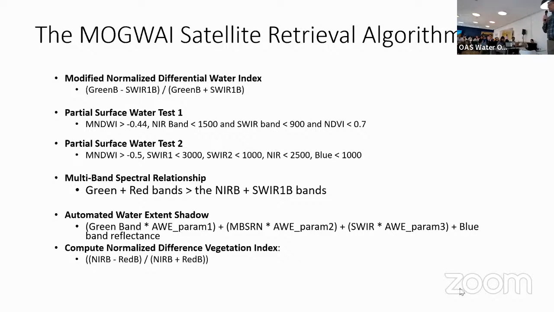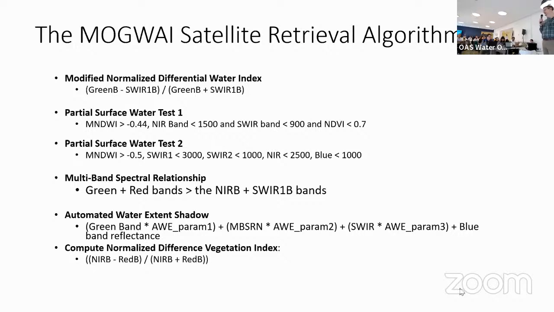This is what we call the spectral tests that you have to pass. I think that's most important to anybody, because understanding the spectral tests is how you get to the point of saying, hey, I'm going to play with this. Here's the modified normalized differential water index, which is green minus your SWIR channel, shortwave infrared, divided by green plus SWIR.